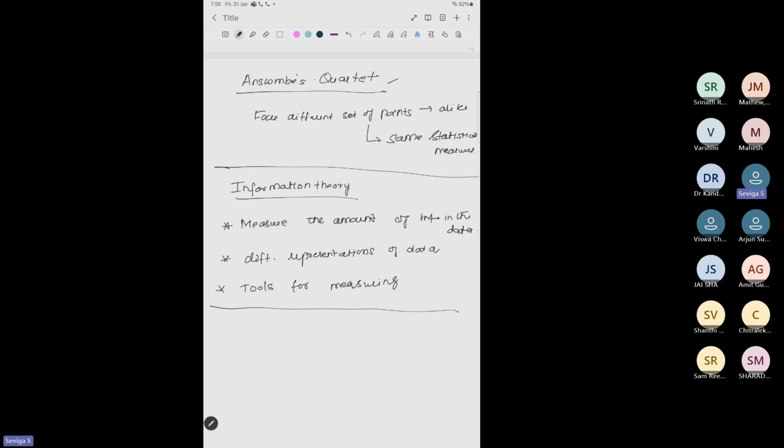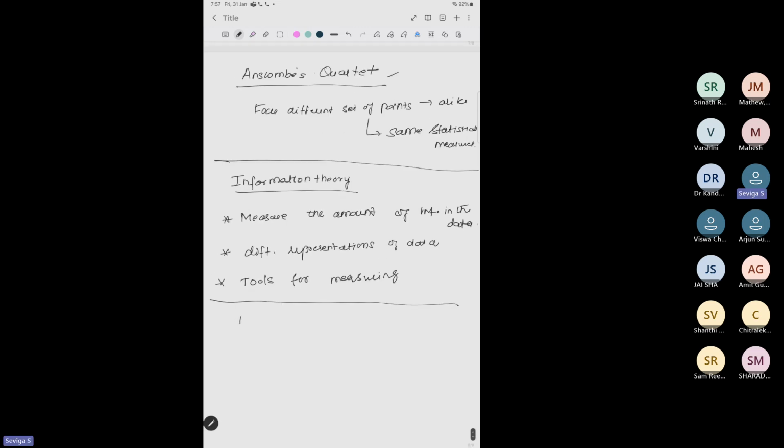So theory, everybody knows. So what is information? Information essentially has two meanings. It is one word, but it has two meanings. One meaning is used in everyday language. The second meaning is a scientific meaning.